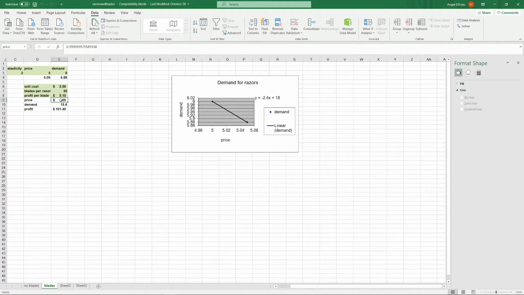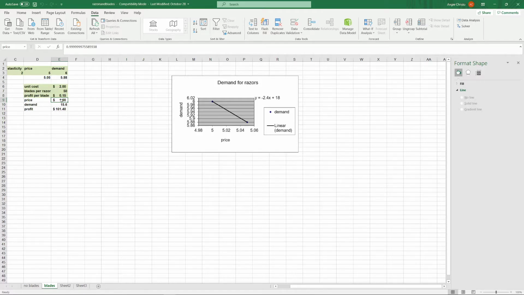But if you include the profits from razors and also how when you lower the price, you will increase the demand for razors, increasing the demand for blades and the overall profits from the blades.